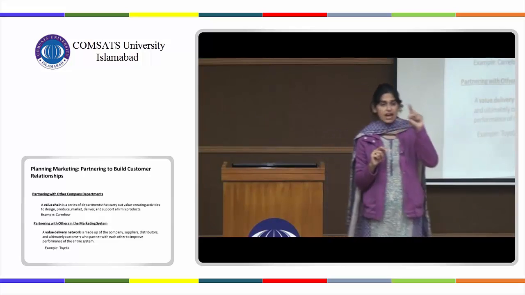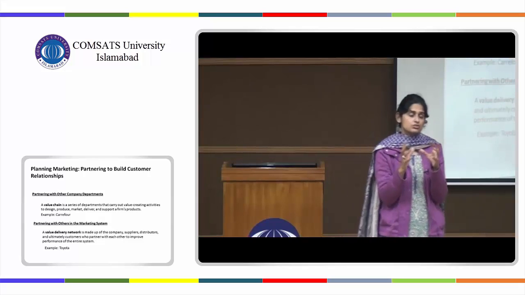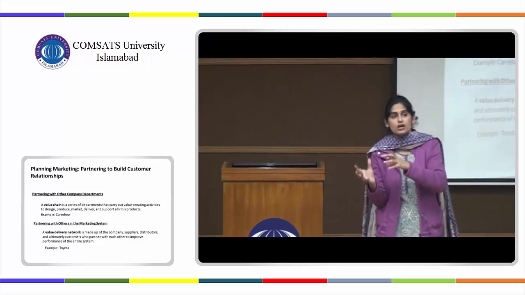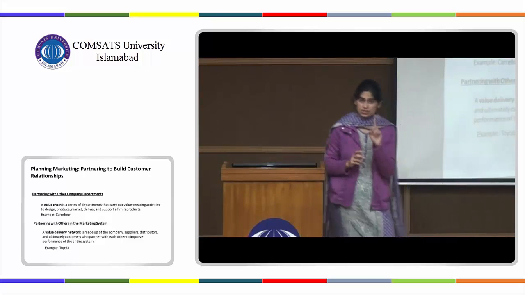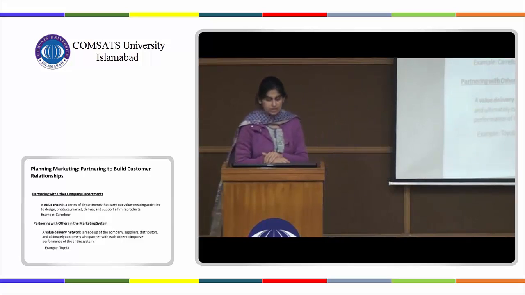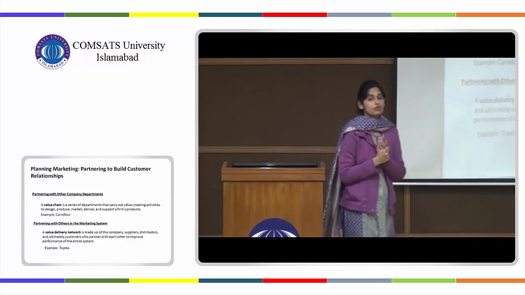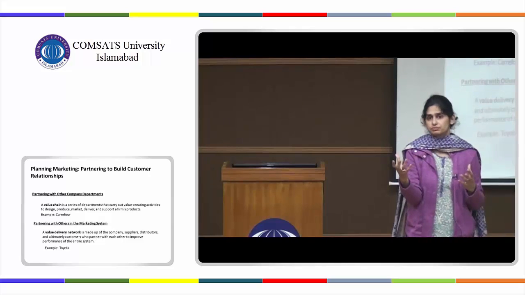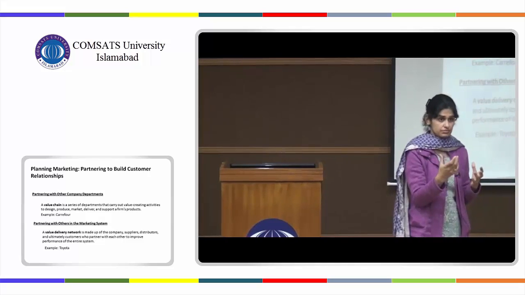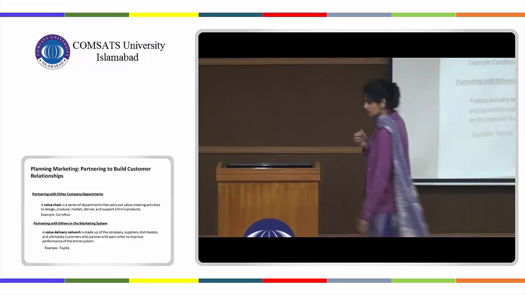So with the value chain, you need to ensure that the network of the value chain also works properly. So the value chain is within your organization, and the value delivery network is in coordination with other companies, right? Questions so far?